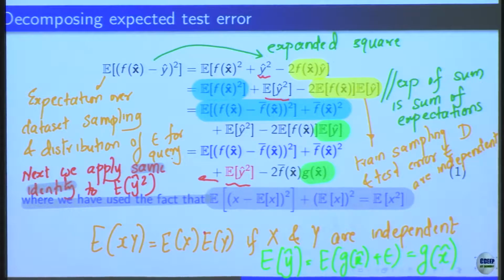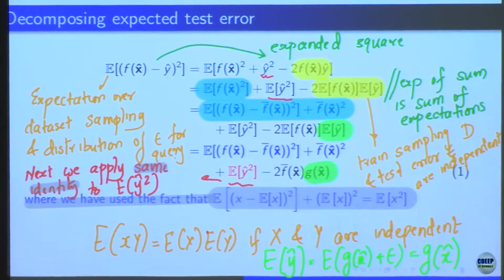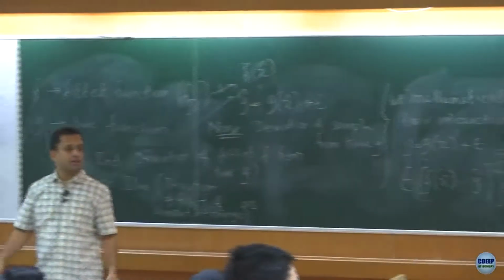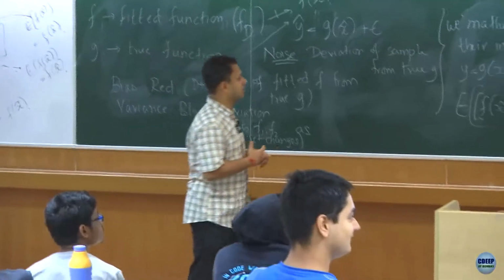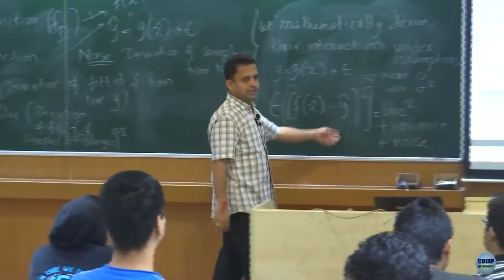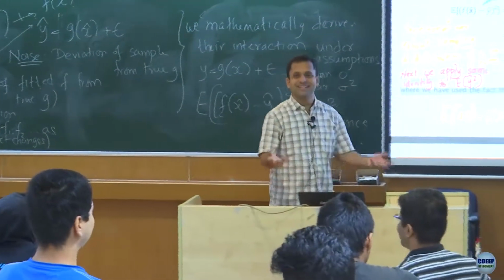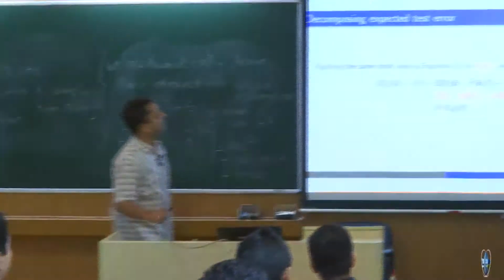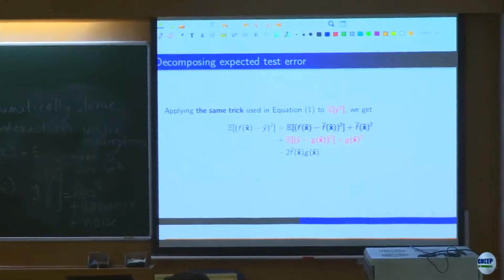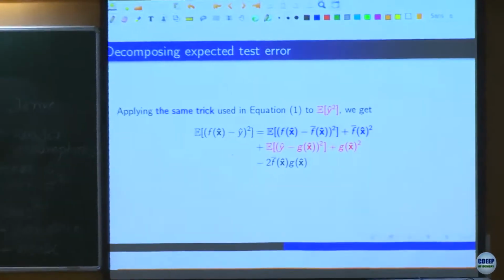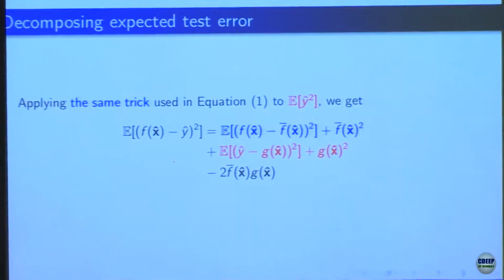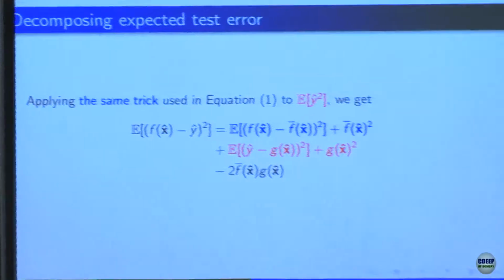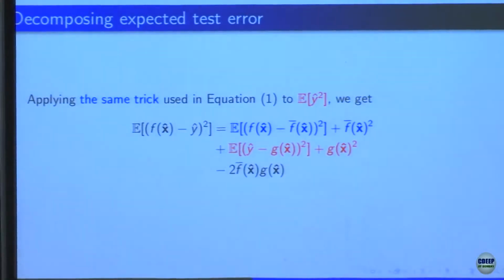So what happens if you do the substitution? Substitute for the E of y hat square. You get this. But what do you get? We just applied the same trick, the trick on the whiteboard, to E of y hat square.